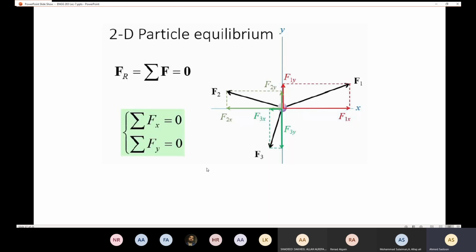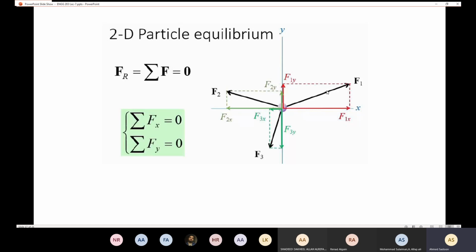And in order to apply the equilibrium in 2D, here we have the summation of the forces as vectors should equal 0. We learned how to resolve the forces into x and into y direction.